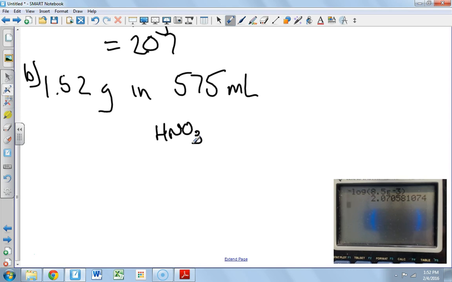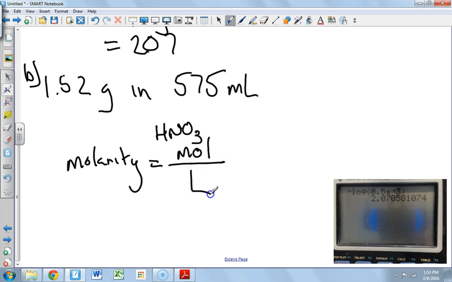The concentration, the molarity, equals, and I always use the units, so it's always moles per liter. Well, we have milliliters, so we have to convert.